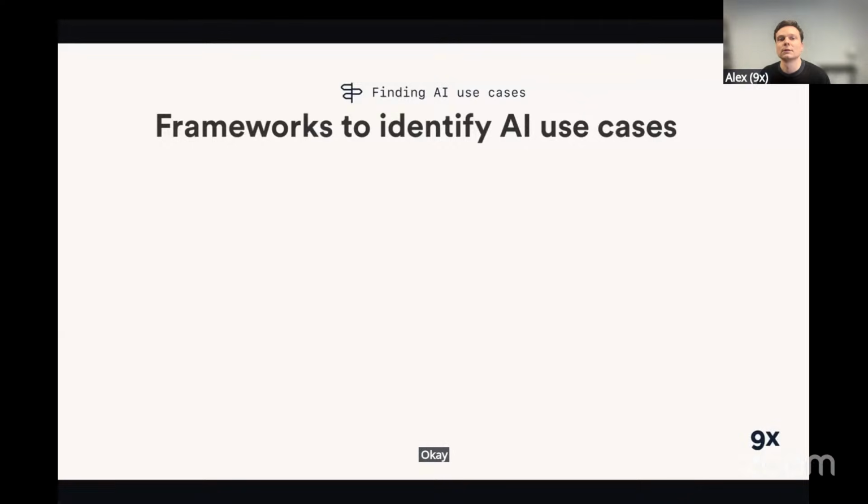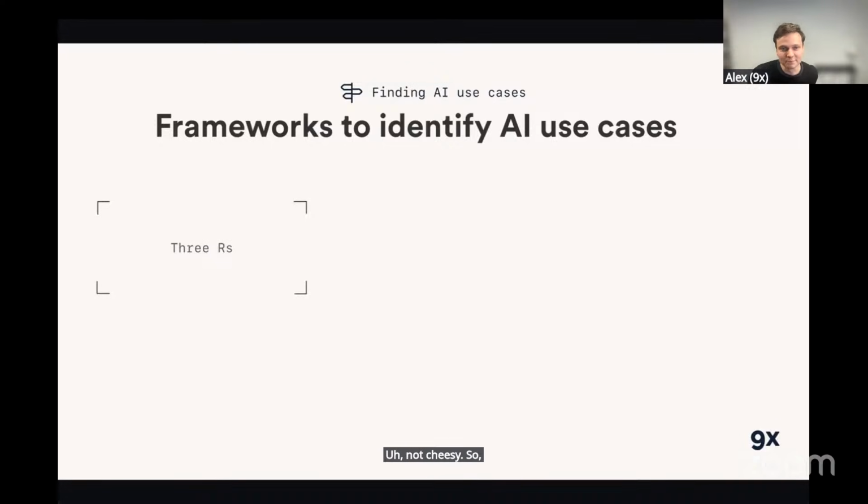Okay, super. So I'm going to give you today not one, not two, not three, not four, but 5 frameworks to identify AI use cases. I was waiting the whole week to do this. Not cheesy.